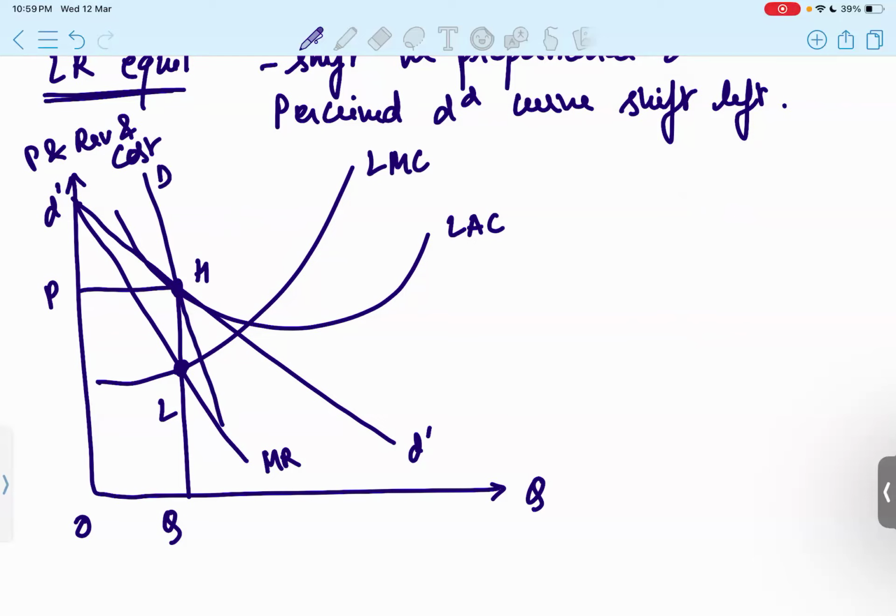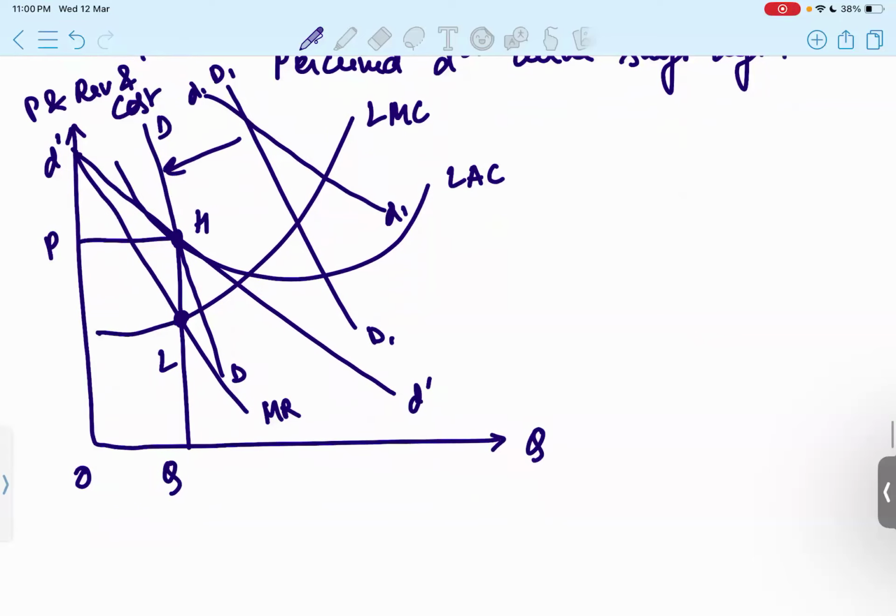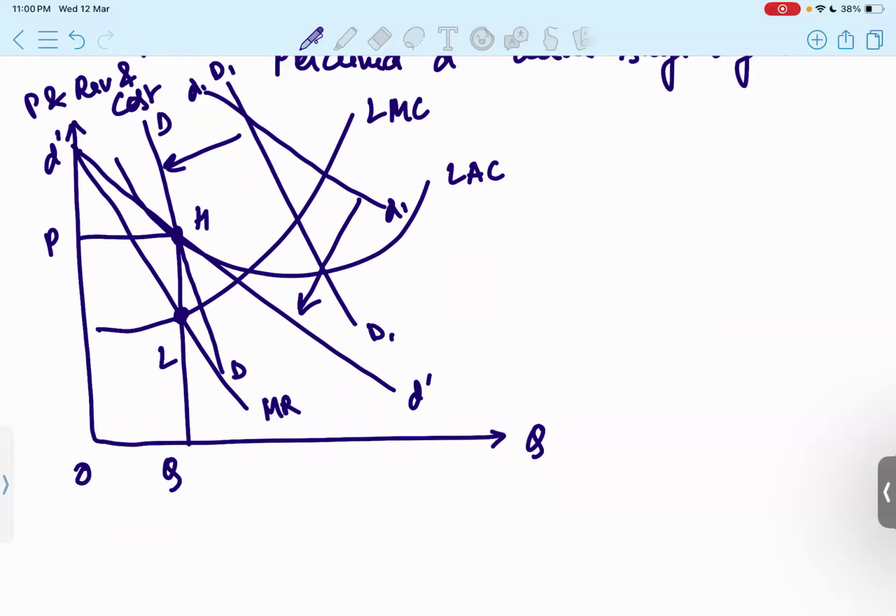So DD. Now we were talking about the downward or leftward shift. The initial position of the proportional demand curve was, let's say, D1 D1. Now it has shifted to this level. And correspondingly, we can also draw the perceived demand curve. Let's say it was this. We just have to show that they have shifted down. So the perceived demand curve has now shifted parallelly down to this level.